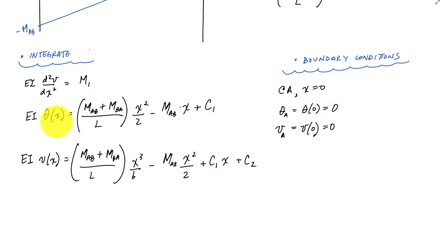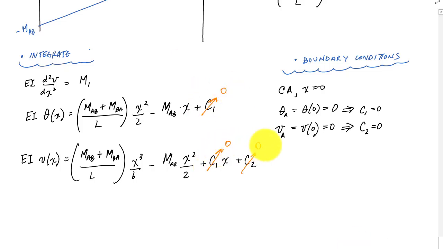So if I plug in 0 here, 0 equals 0 tells me C1 is 0. And then similarly here, if I plug in 0 and this equation is supposed to equal 0, the first term is 0, the second term is 0, and C2 is 0. These are all 0. Nice.